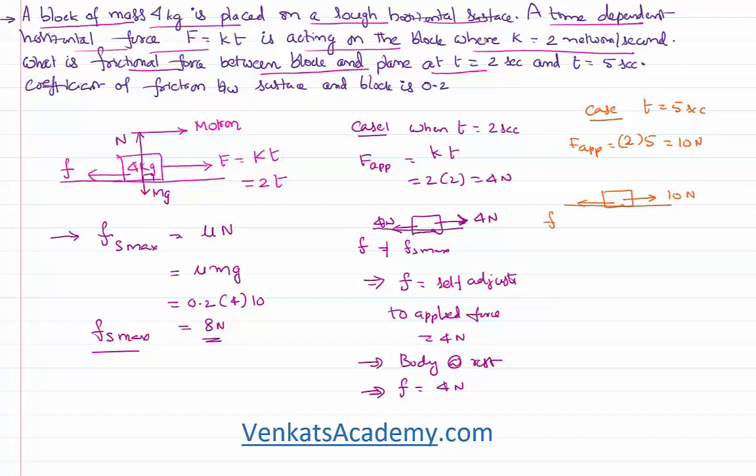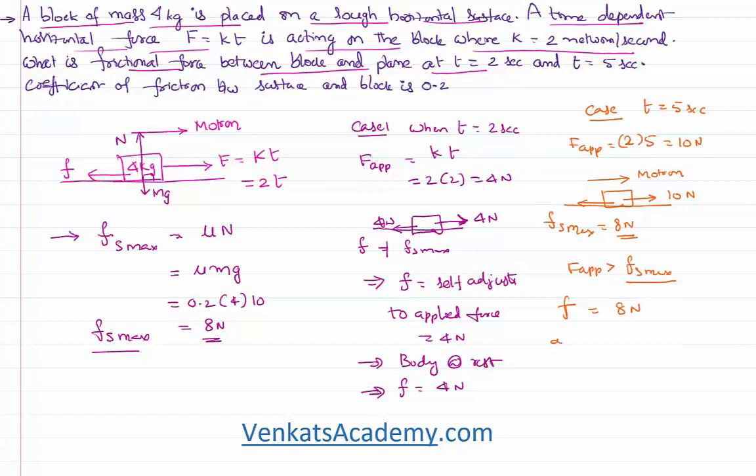Frictional force will reach its maximum, that's nothing but 8 Newton. So in the second case, as the applied force is greater than Fs maximum, friction also will reach its maximum, 8 Newton, and it cannot increase more than that, it stops there itself. As the applied force is more than the frictional force, the body will move in the direction of force. So in this case, frictional force is nothing but 8 Newton.